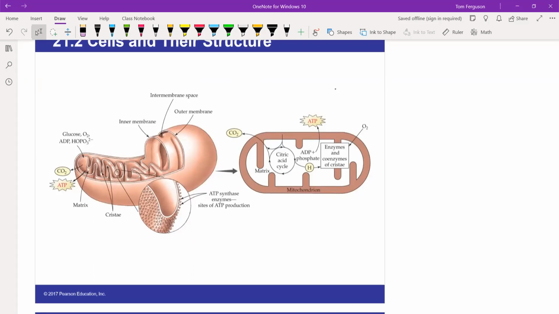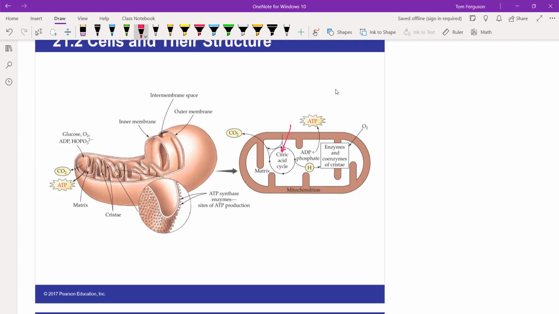We're going to talk in a minute about the three main parts of energy generation. The citric acid cycle is the middle one. The first one is glycolysis, the second one is the citric acid cycle, sometimes called the Krebs cycle. And then the last one is oxidative phosphorylation, or electron transport. Those are the three main.